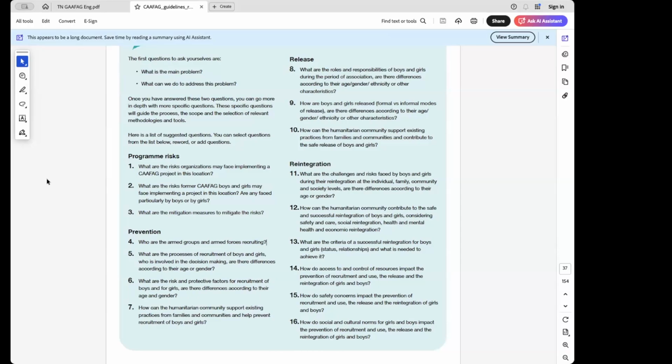So any inquiry into child association may be interpreted as political interference or security monitoring. Staff may be seen as investigating armed groups, and families may fear consequences if they admit that a child is recruited.